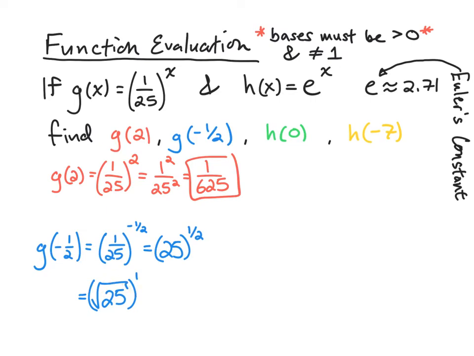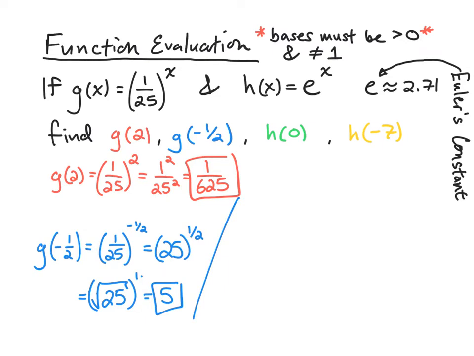Normally, we do not write the 2 in the square root, but if you put it there, I don't think any teacher or professor would be too upset with you the first few times, but just make sure you don't make a habit of it, because that 2, everybody who teaches math and loves math understands that it is in fact there. So we don't write it most of the time. In fact, we don't write it ever. So the square root of 25 is 5. 5 to the first power is 5. Awesome.